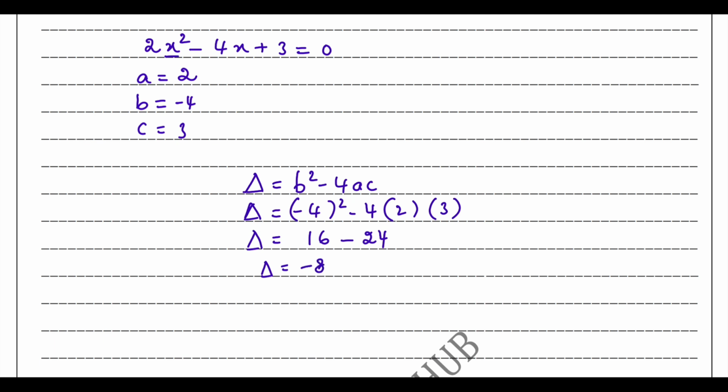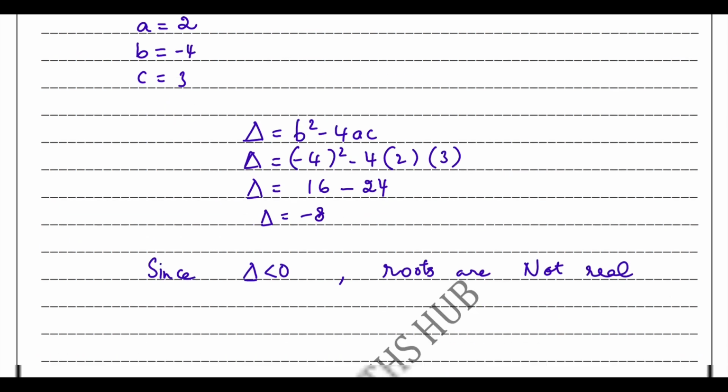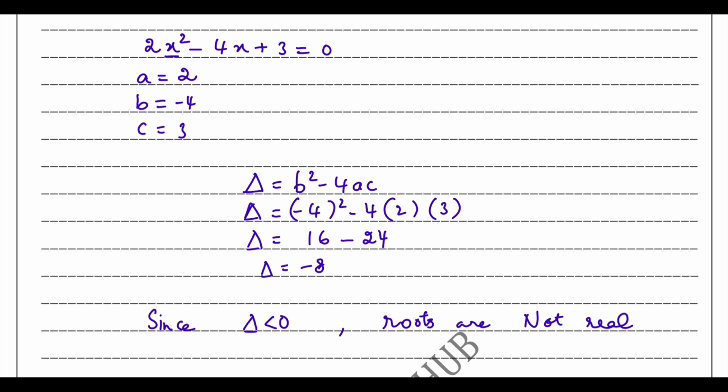Therefore, delta is lesser than 0. The value minus 8 is lesser than 0. That means the roots are not real. Dear students, if delta is equal to 0, that means roots are real and equal.